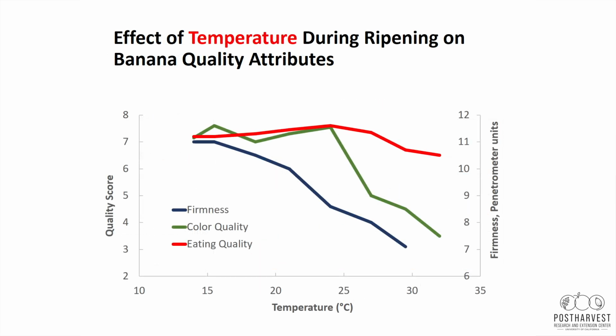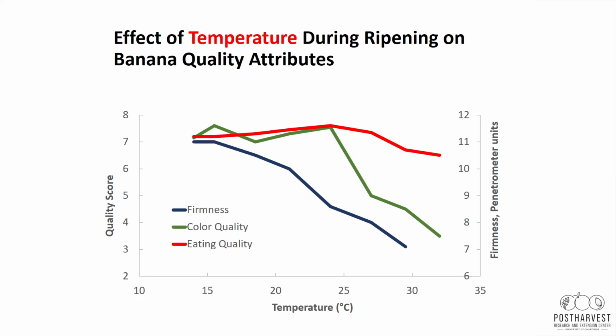So how about high temperature, when you ripen bananas at high temperature? This is again data that was generated, I believe, here at Davis, where we have the fruit at 59, 68, 77, 86, and 96 degrees. This could be 84 and 96 degrees.